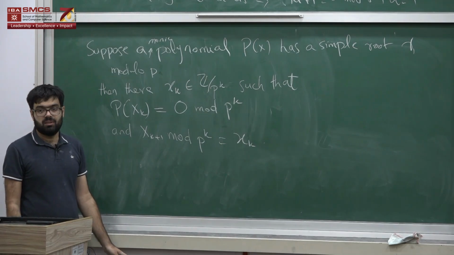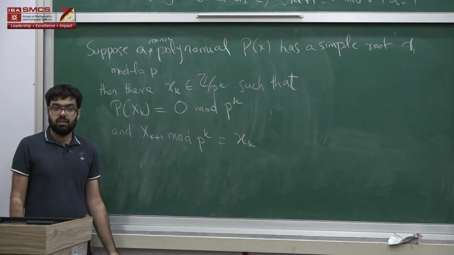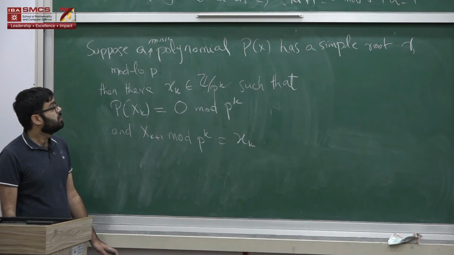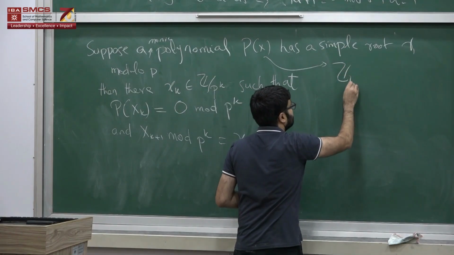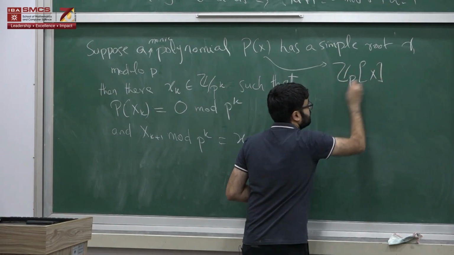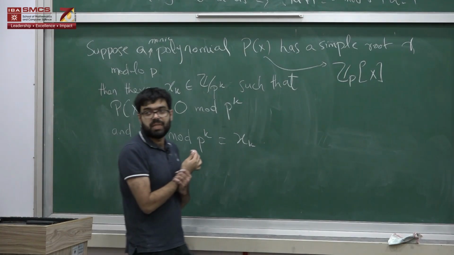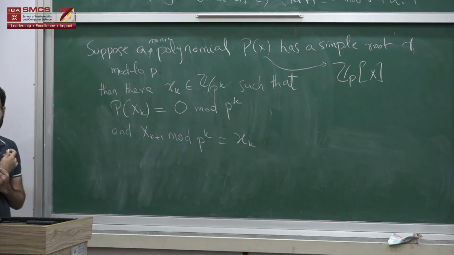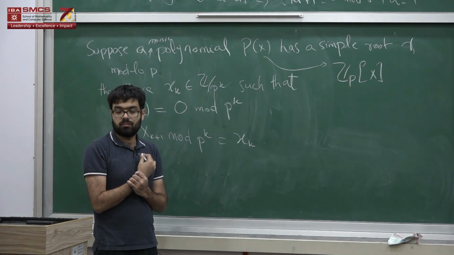So, the coefficients of the polynomial you said are in p-adic rational? No, integers, p-adic integers. So, let me just say this is a polynomial with p-adic coefficients, but in p-adic integers. If you can remind me what the p-adic integers are.